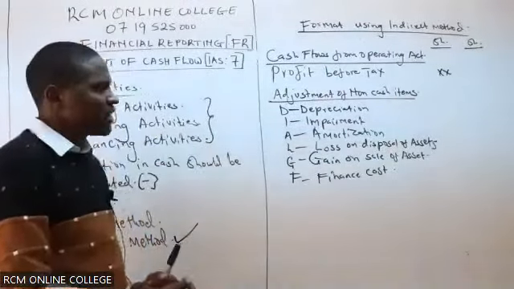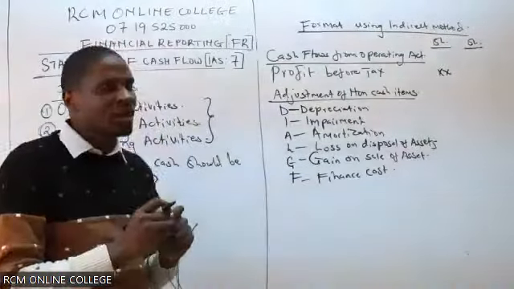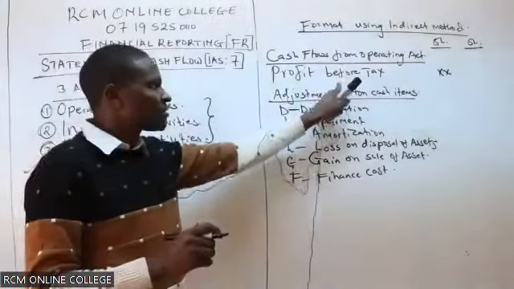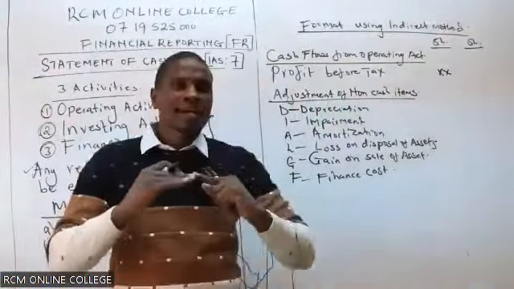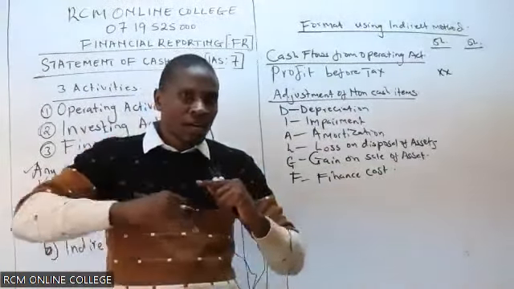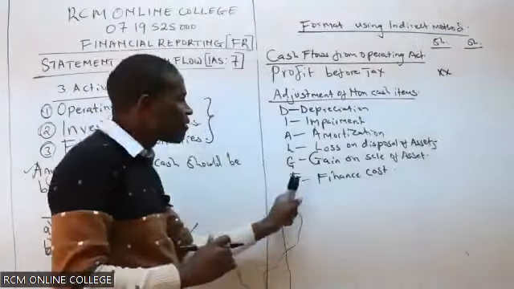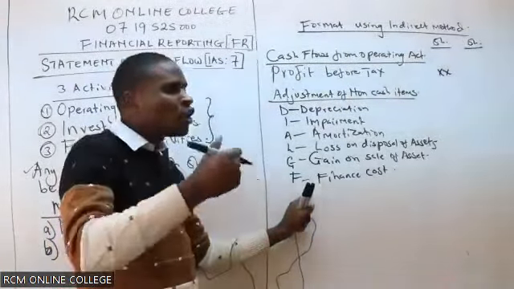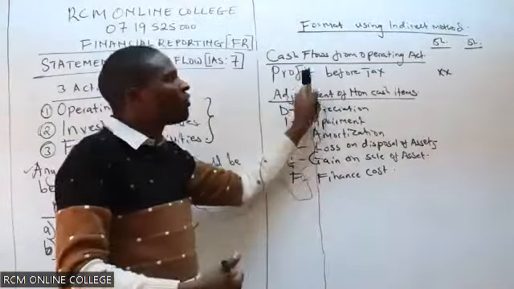Therefore, in this case, I want you to note something. We are adjusting the profit before tax. Now, when I stand in my income statement, where I have the profit before tax, at the top I have items like finance cost. Can you tell me what happened to finance cost for me to arrive at the profit before tax?